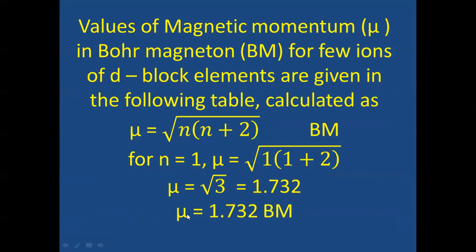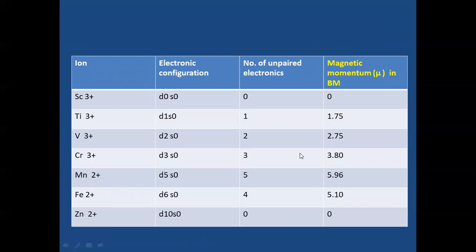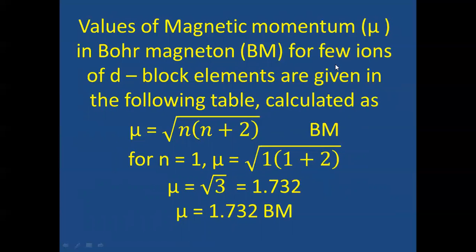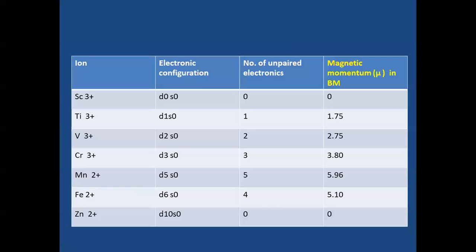So it is about 1.732 Bohr magneton for a substance which has one unpaired electron. If a compound or an element or ion has one unpaired electron, this much is the value of magnetic moment. So the magnetic moment for a substance or ion having one unpaired electron is about 1.732 Bohr magneton.